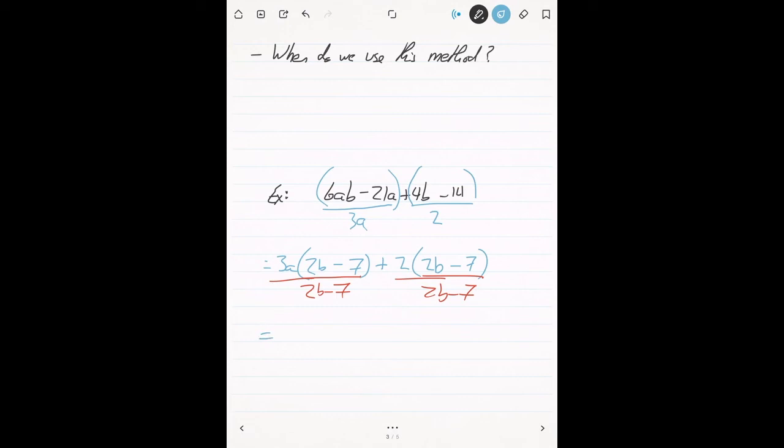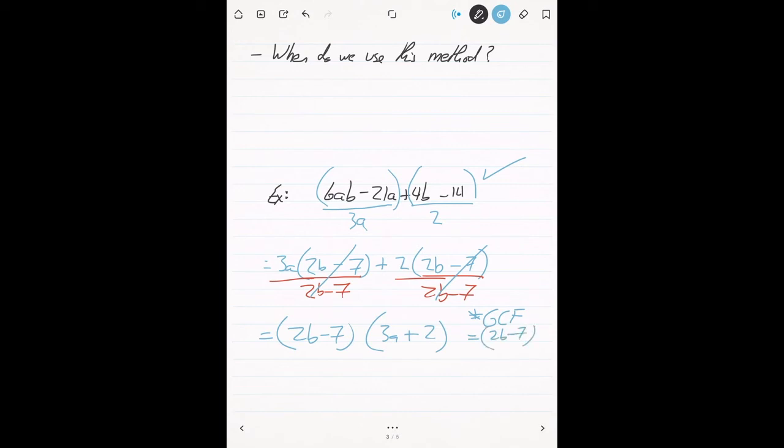We factored out the 2b minus 7, so what were we left with? A 3a. And here, what were we left with? A 2. It's almost as if we can note that there was a GCF in this original polynomial. It was 2b minus 7. We just couldn't see it before.